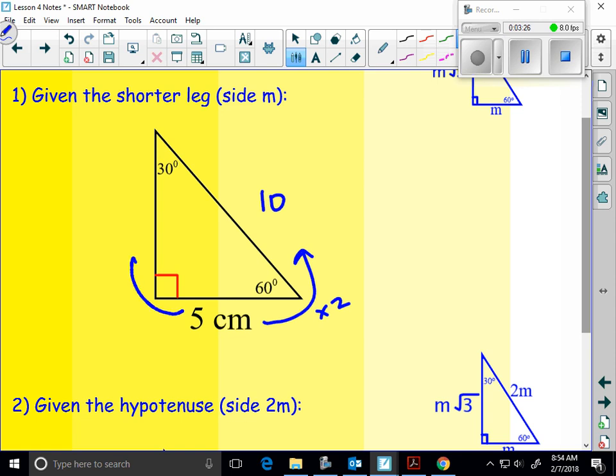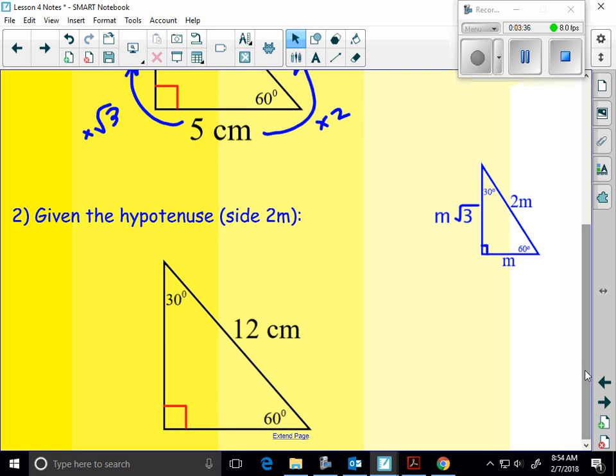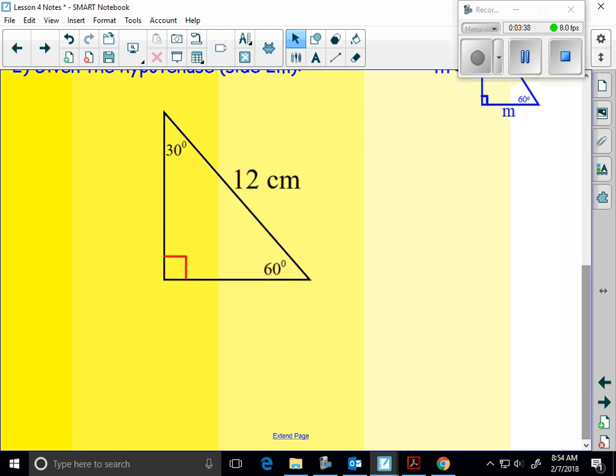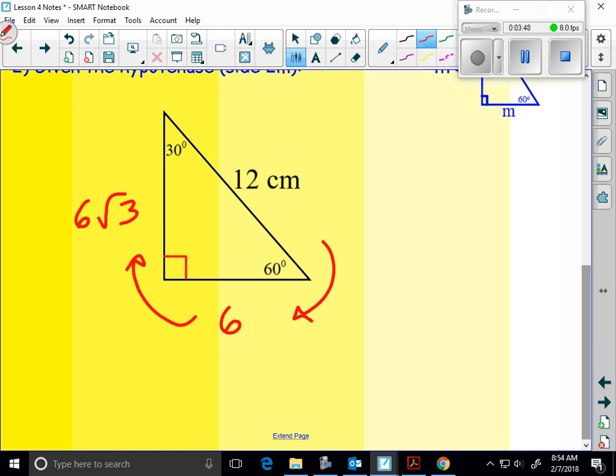And to go short leg to long leg, I multiply by square root of 3, so I get 5 root 3. Okay. What if I have the hypotenuse? What do I do to get the short leg? Divide by 2, and then to get the long leg, multiply by square root of 3.